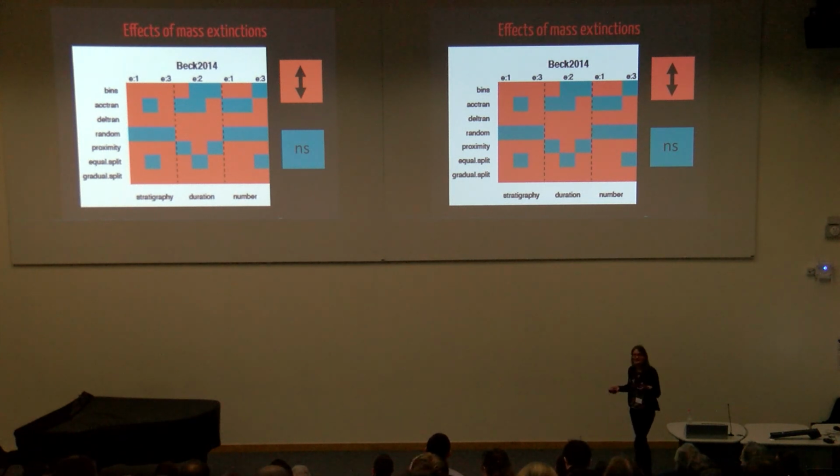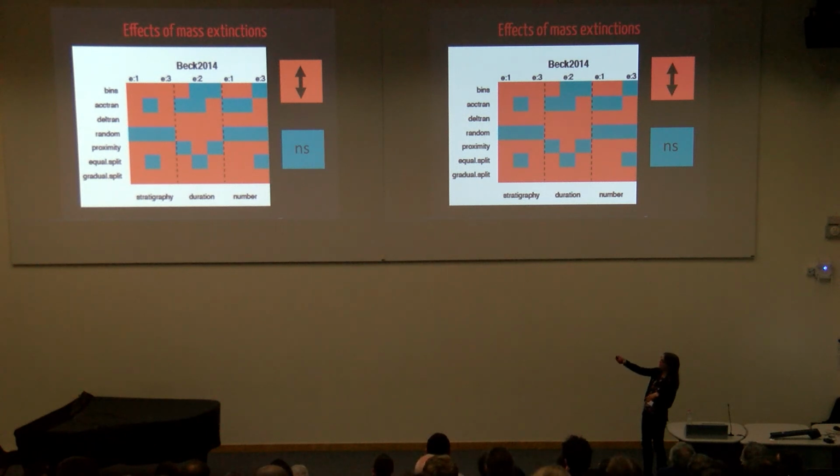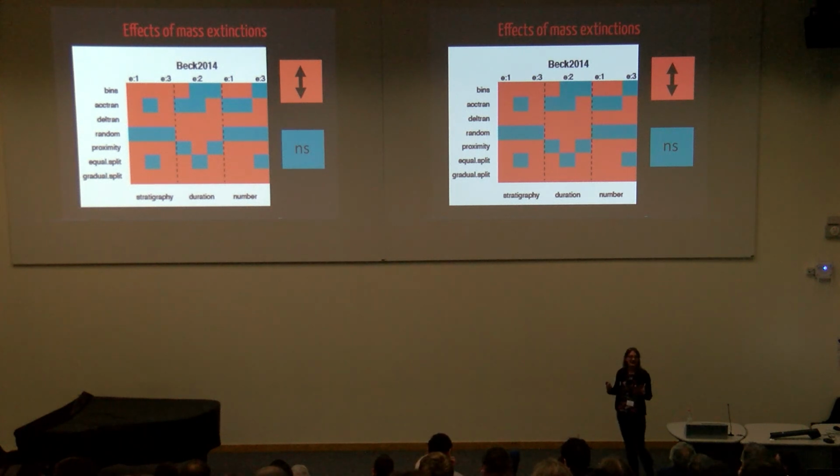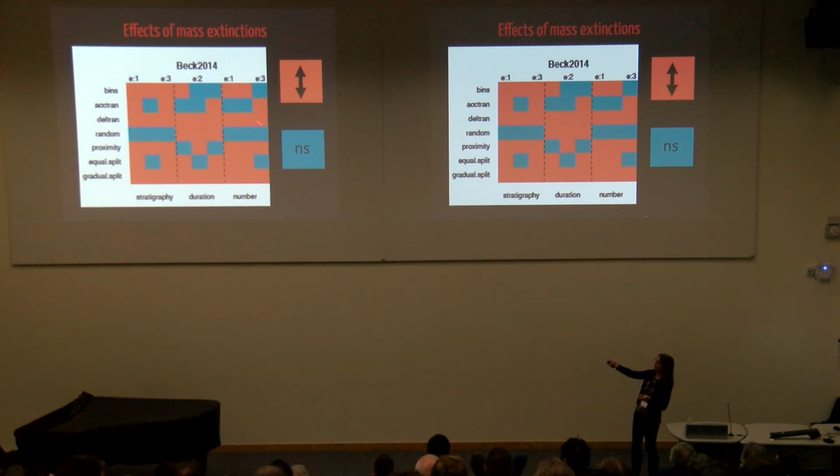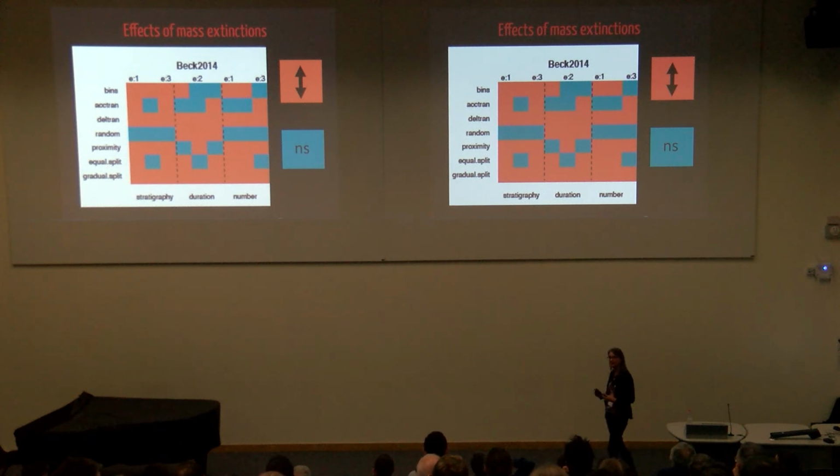And again, the detail doesn't matter too much, but the blue is showing you where we don't see a significant difference, and the pink is showing you where we do see a significant change in disparity. And again, I'm not saying that any one method is better or worse, but you can see that the choice of method does quite strongly influence whether you get a significant result or not. So it might be something to really carefully think about when you're trying to test these kinds of questions.